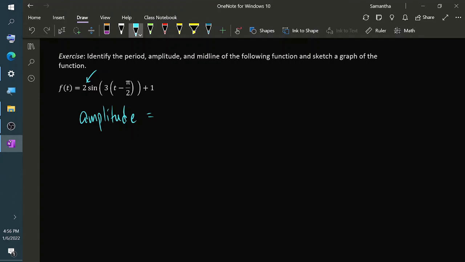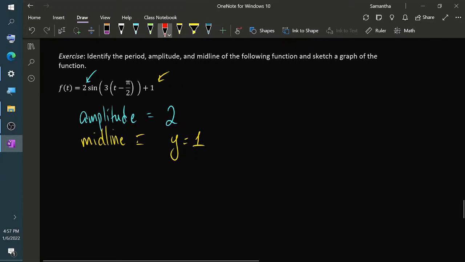The amplitude is just equal to the number positive 2. What about the midline? The midline is given by this added number added here in the back. So the midline would be located at the level y equals 1. This is going to be the average value directly in the middle of the wave.